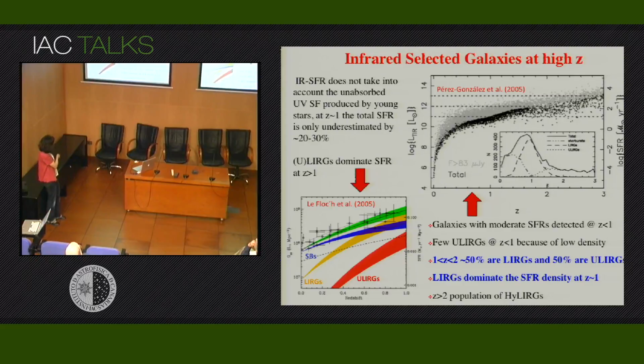But as you go to redshift 1, LIRGs, shown here in yellow, dominate the star formation rate of the universe. At redshift 2, LIRGs and ULIRGs have equal contributions, more or less. And then at higher redshifts, they are dominated by ULIRGs and submillimeter galaxies.